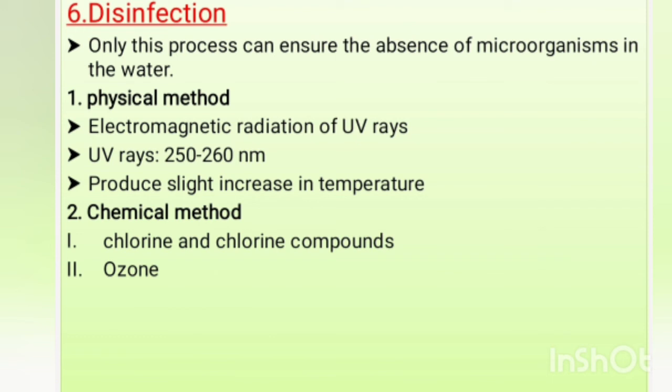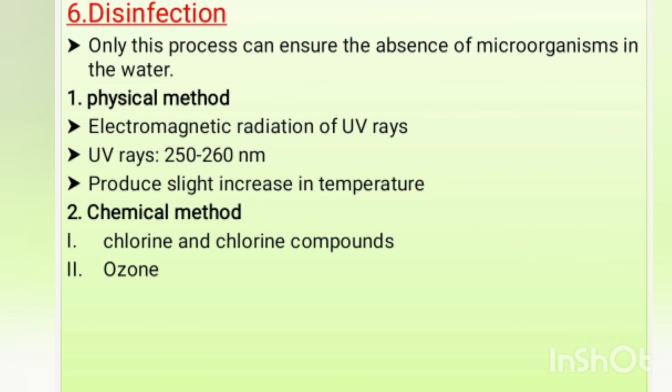Second method is the chemical method. Various chemical agents are used for the disinfection of drinking water, such as chlorine, chlorine compounds, ozone, potassium permanganate, halogens, etc. Chlorine compounds like calcium hypochlorite are commonly used for the disinfection of water.